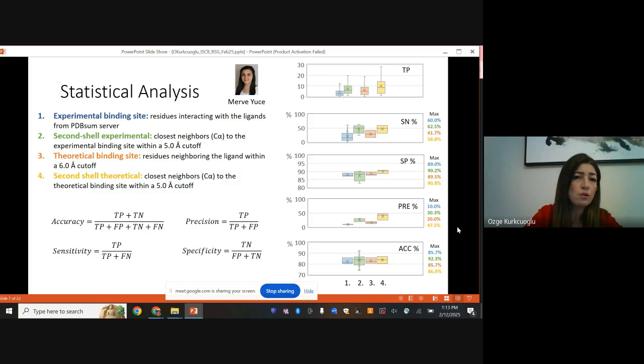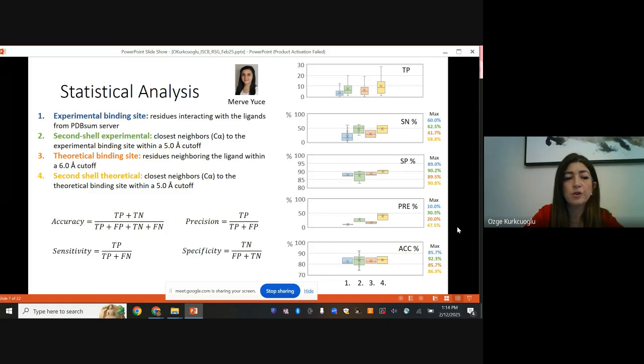And she collected all of these crystal structures and the ligand binding sites and assigned these as the experimental binding site data. Then she calculated the accuracy, precision, sensitivity, and specificity percentages. For the investigated structures, specificity and accuracy were high, and also sensitivity and precision percentages improved with the consideration of the theoretical binding sites.